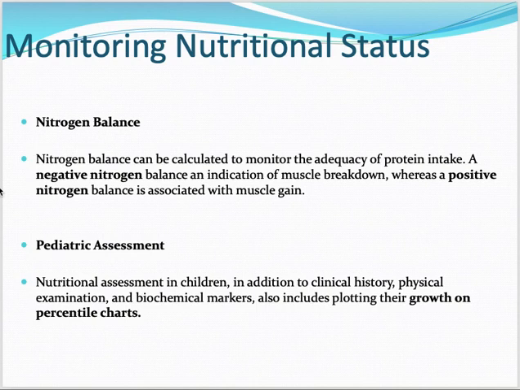On the other hand, for example, a patient who is very sick, or who has cancer, loses more protein. So they have some sort of negative nitrogen balance. So nitrogen balance can be calculated to monitor the adequacy of protein intake. And I told you in what cases it could be negative and positive.